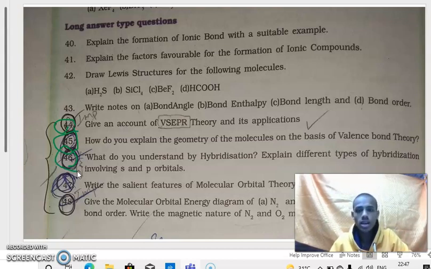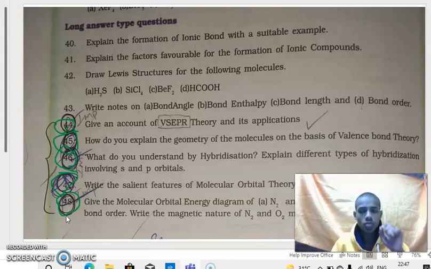Explain different types of hybridization involving s and p orbitals. And next important question is, write the salient features of MOT, molecular orbital theory. And last most important question in third lesson is, give the MO diagram of N2 and O2.